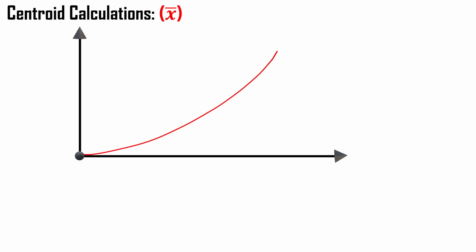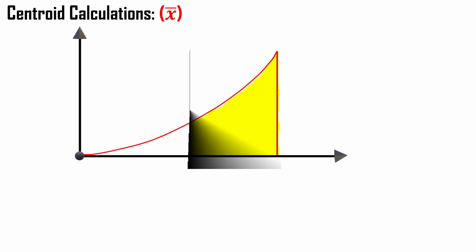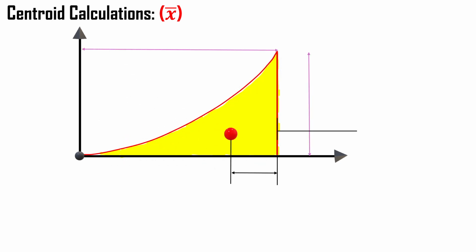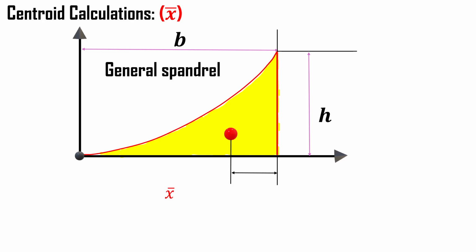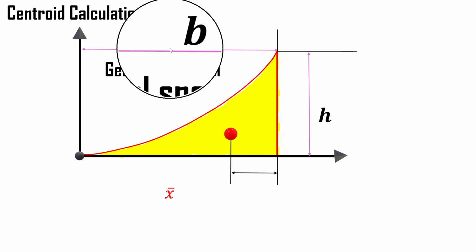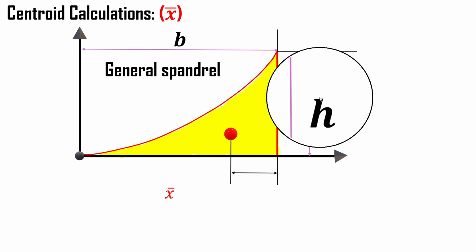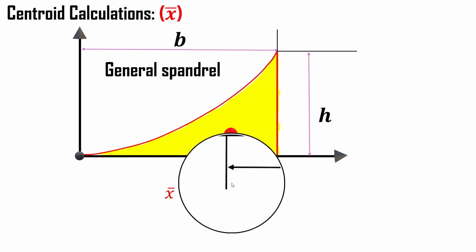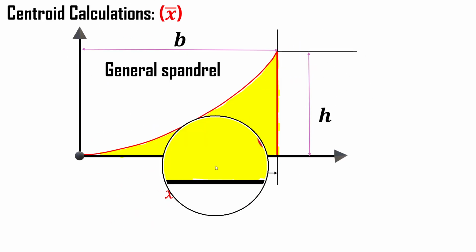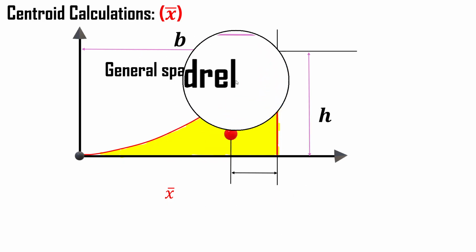So this is the centroid calculation. If we call it X bar, consider we have a general spandrel with the length of B and height of H. We want to calculate X bar, or centroid, from the base of our spandrel.